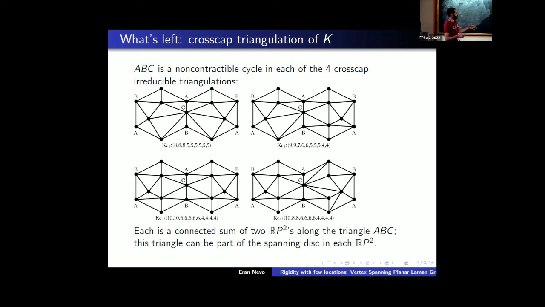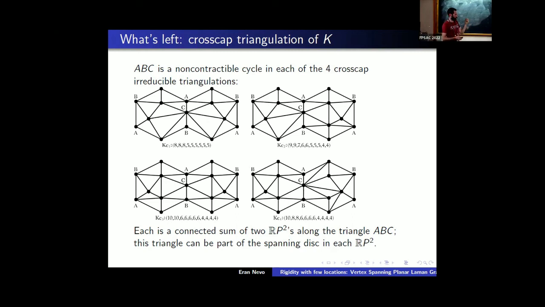If along the vertex splits this missing triangle ABC is preserved all along, then what we can do is pick a spanning disk on that side, and a spanning disk on that side, so that these spanning disks also contain the triangle ABC. And then, just as we argued on each of the pieces before, we will have in the end a connected sum of 2 disks, and we are done.